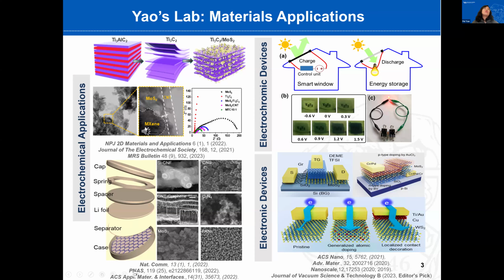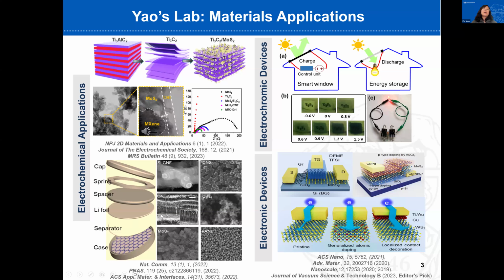For example, the electrochemical applications, which is the topic for today, we leverage the wet chemistry synthesized materials to be used as catalysts for electrocatalysis. So basically, we aim to replace the noble metals by using two-dimensional materials.